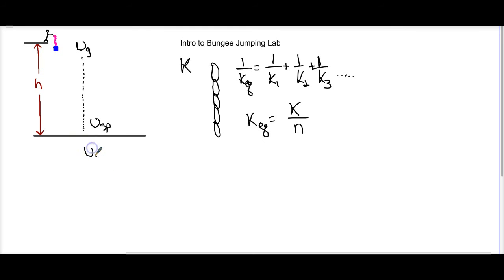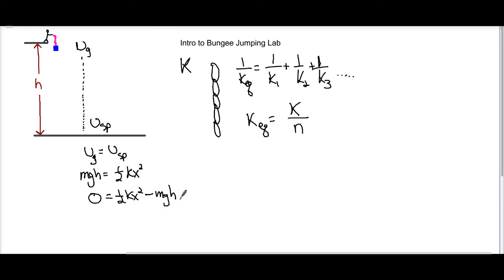So if we look at that, then we have the gravitational potential equaling the spring potential, or mgh equals 1/2 kx squared. Now what we want to find is the point where the gravitational potential equals the spring potential. In that case we would have 0 equal to 1/2 kx squared minus mgh.